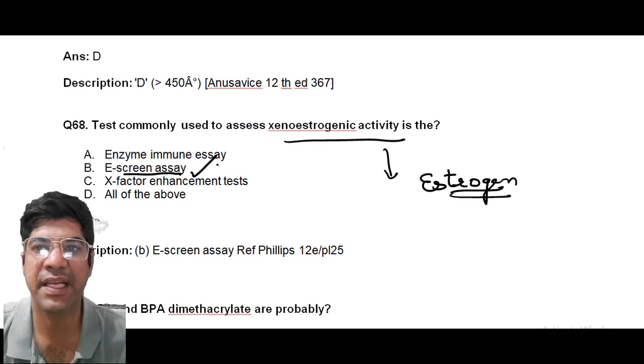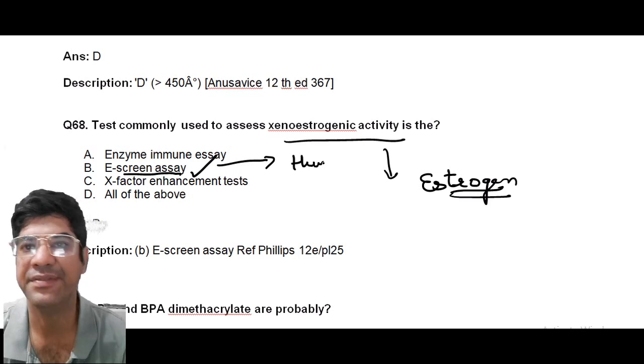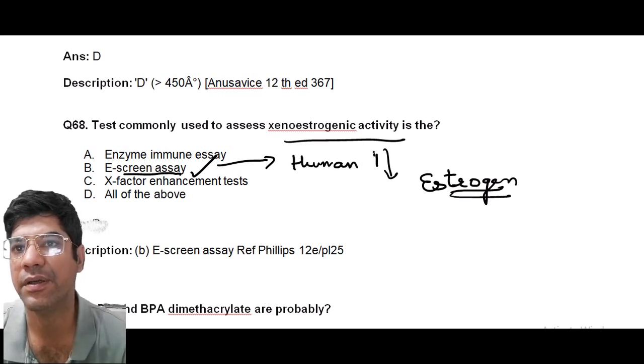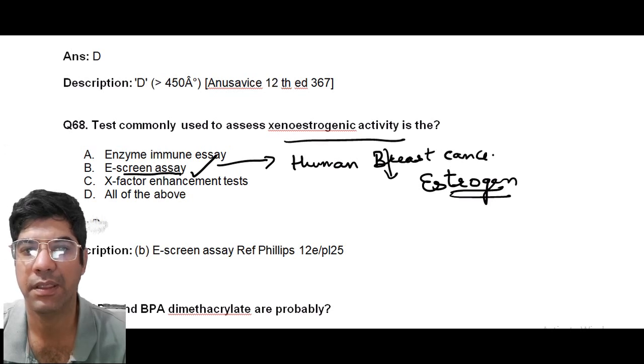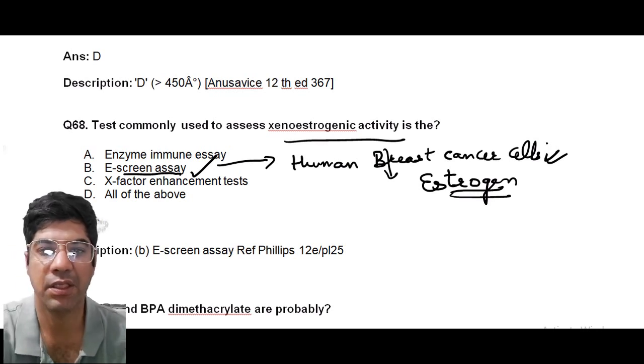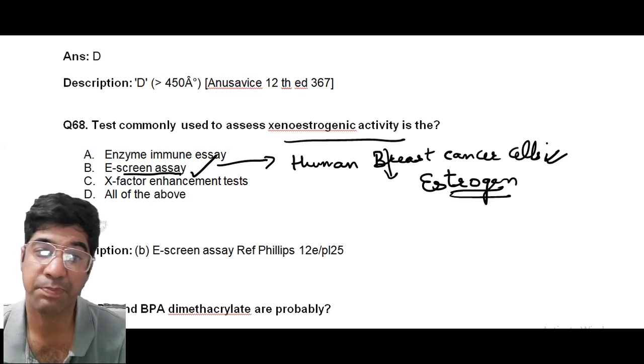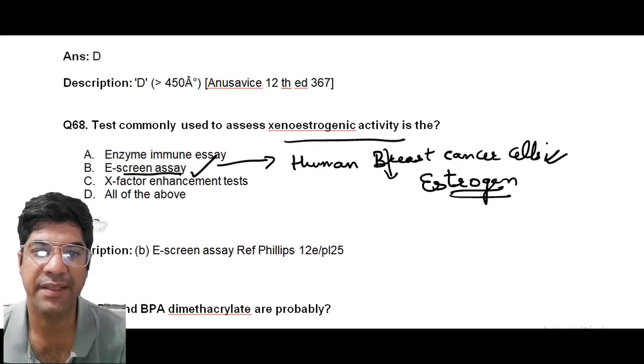The E-screen assay uses human breast cancer cells that are estrogen sensitive. These cells are grown in a culture dish. The cells are exposed to different compounds suspected to have estrogenic activities.